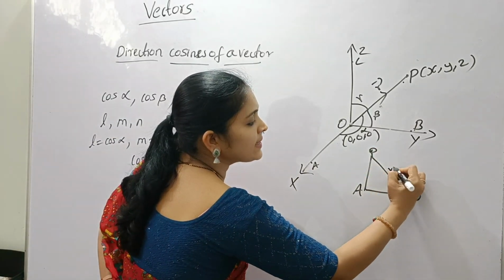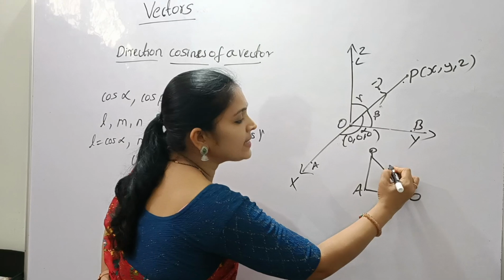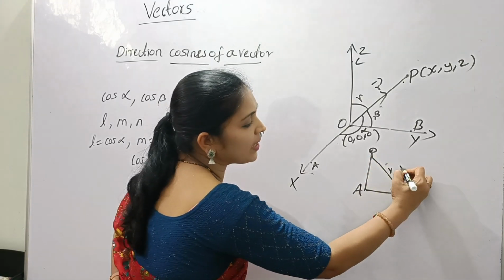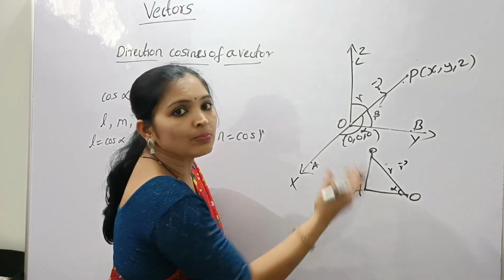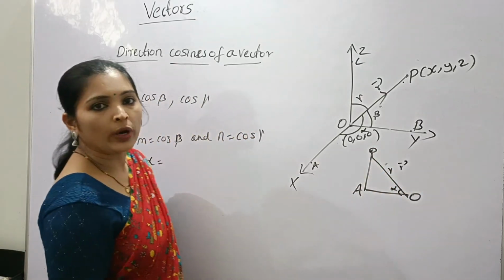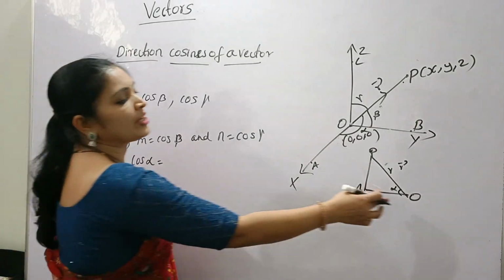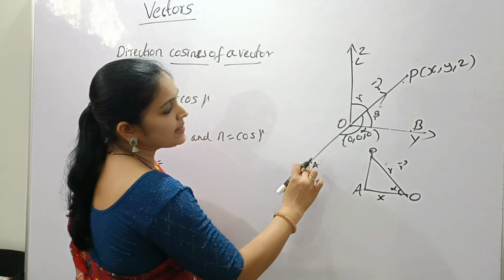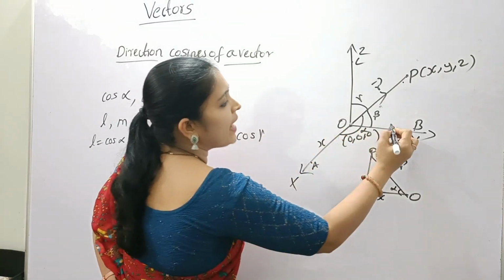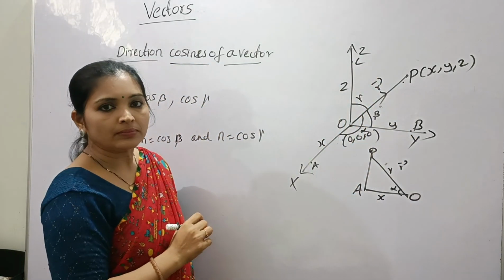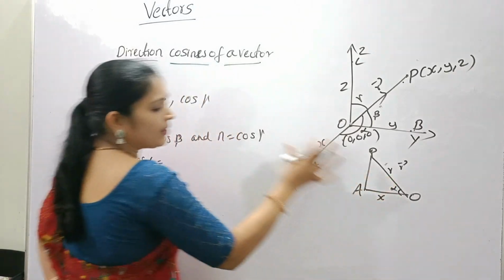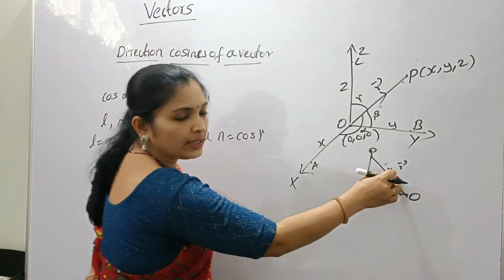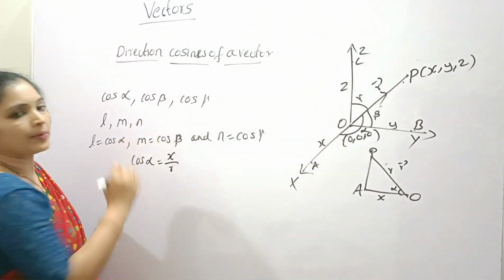The hypotenuse is nothing but the vector OP, that is R. This distance is R, and its magnitude, modulus R, or we can write it as R. Here R is the magnitude of the vector OP. The distances are X, Y, Z. Then cos alpha is equal to adjacent divided by hypotenuse, that is X divided by R.